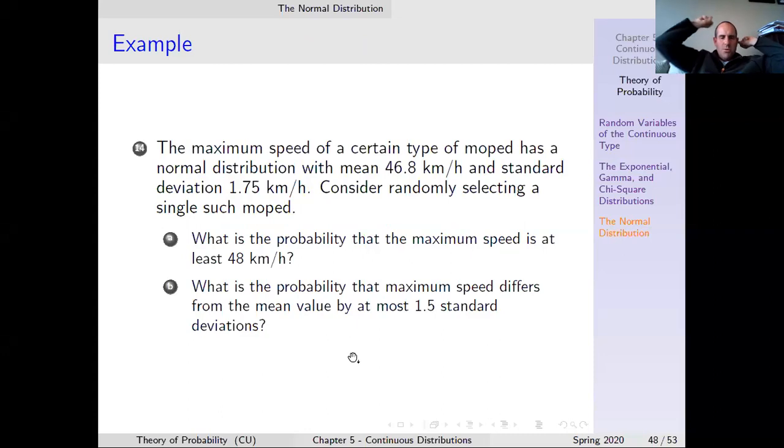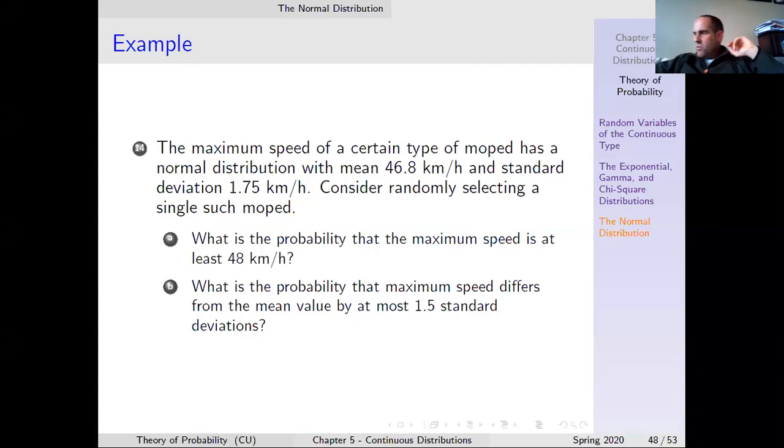Here's a problem. The maximum speed of a certain type of moped has a normal distribution with mean 46.8 kilometers per hour and standard deviation 1.75 kilometers per hour. Consider randomly selecting a single such moped.